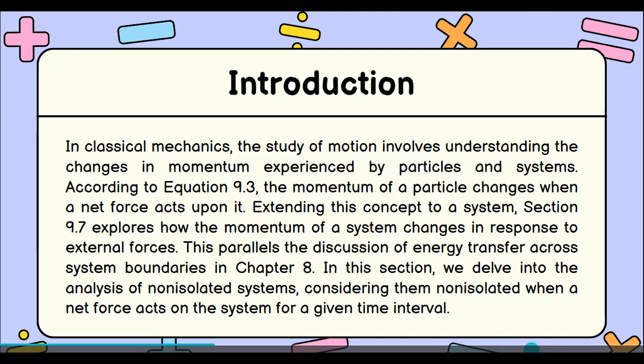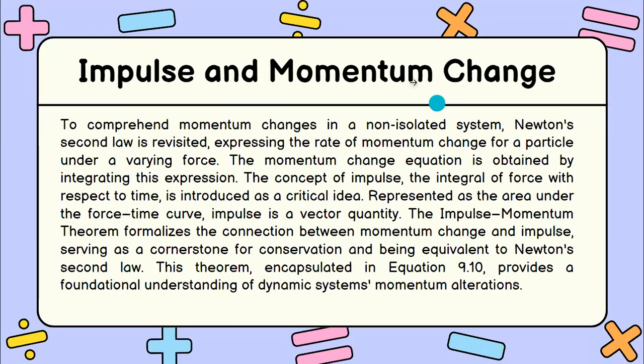Next is the impulse and momentum change. To comprehend momentum changes in a non-isolated system, Newton's second law is revisited, expressing the rate of momentum change for a particle under a varying force.